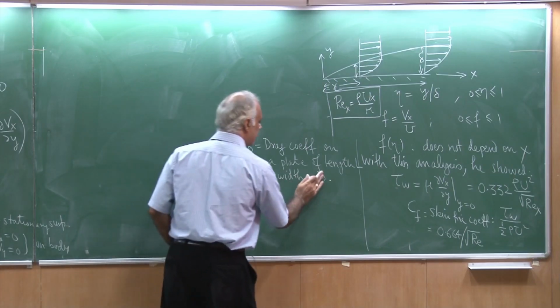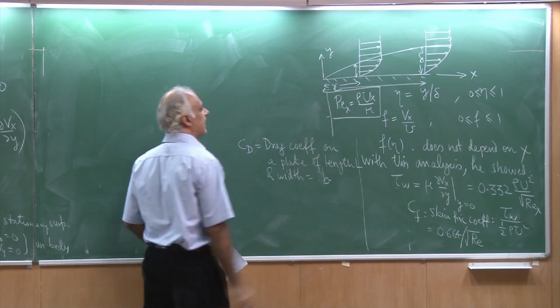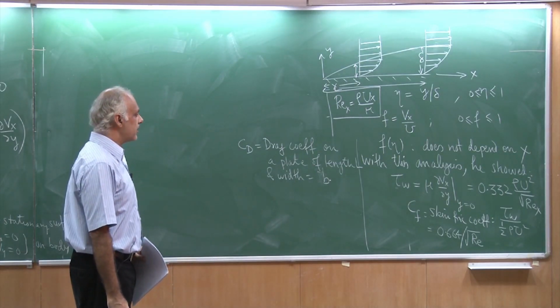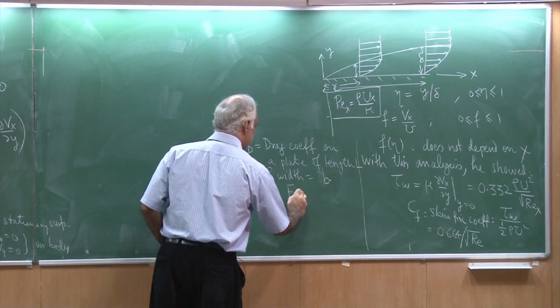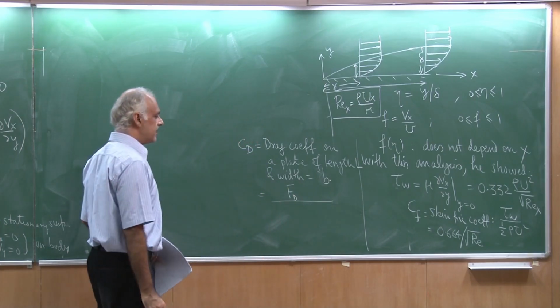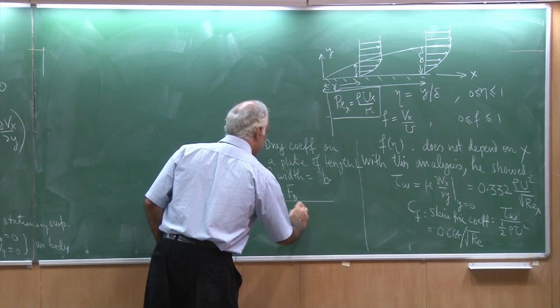Sorry, B, small b. So B is the depth of the plate inside the blackboard. Then this would be equal to the drag force that the plate feels, divided by half rho u squared.